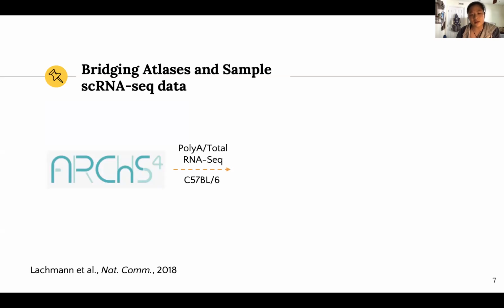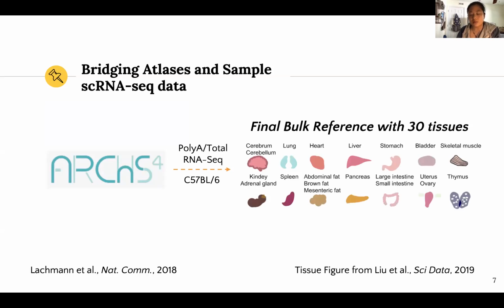And then we take only the poly-A and total RNA-seq data from the mouse with strain of C57 black 6 mouse. And we were able to construct a final reference with 30 different tissues across the mice. This bulk reference is also available along with our Capybara package on GitHub.